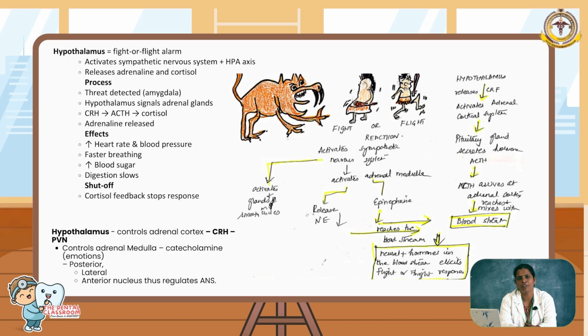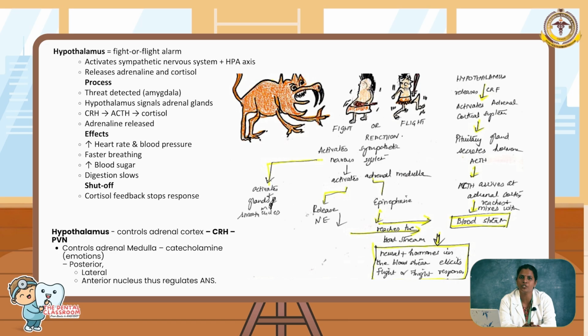Hypothalamus is important for regulation of your autonomic nervous system, especially your flight and fright reaction. So what is flight and fright reaction? Whenever the hypothalamus is exposed to stress, it is going to release CRH, corticotrophin releasing hormone.